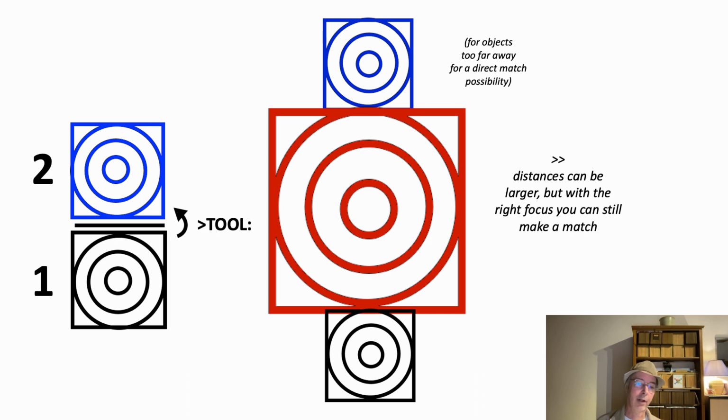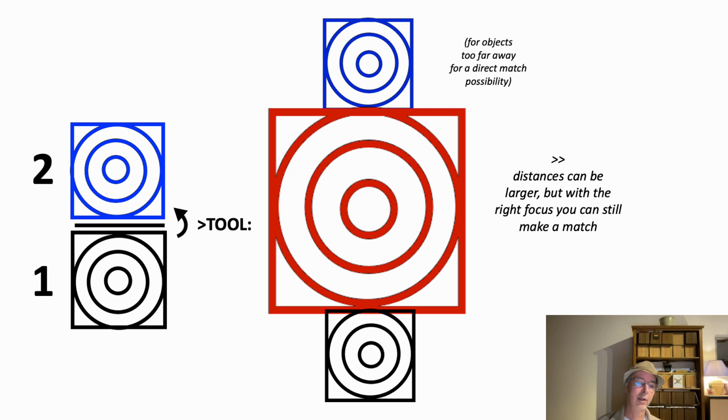But the advantage of using such a tool is that it can be used separately. So the tool can have measurements that are larger than oneself. We can't maybe grasp totally what you can do with it, because we are smaller than the tool itself, but we can measure it, we can focus upon it.